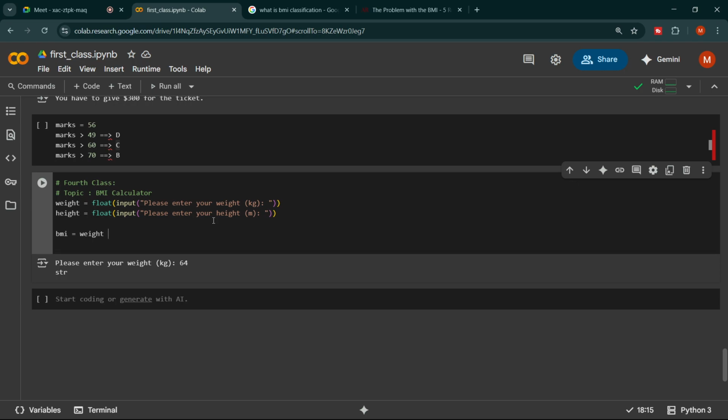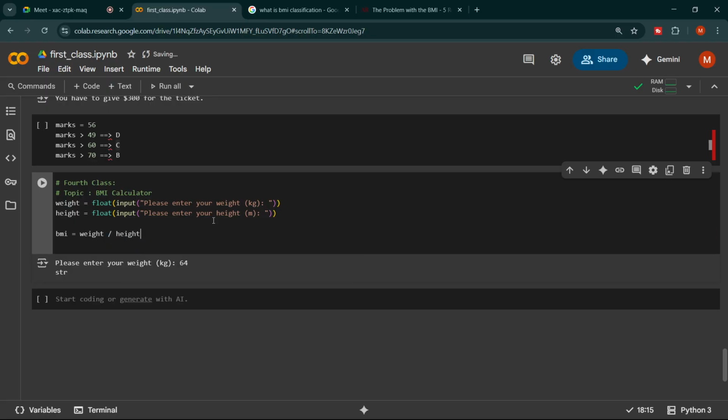So weight is actually a number which the user entered and we converted into float. Weight is a variable which stores the weight of a person. Now we will use this symbol, which is used for division, and then we will write height.